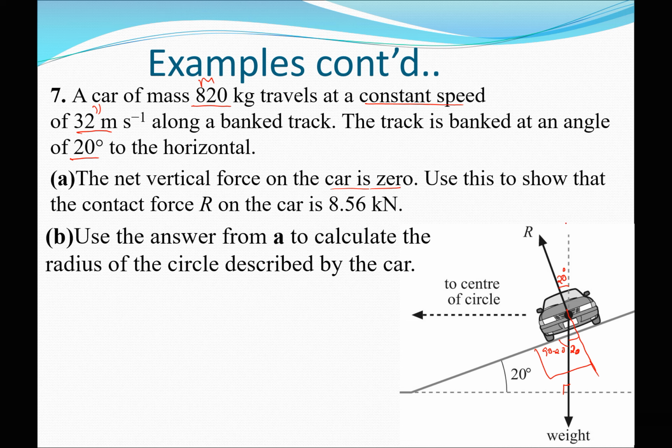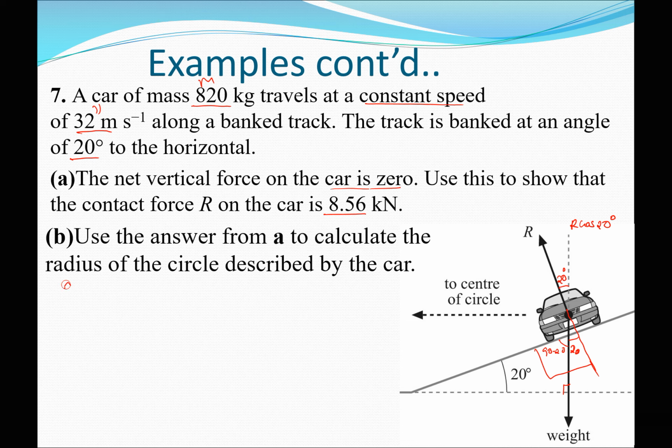So if I resolve R to the vertical, it is going to be R cos of 20 degrees, and it should be equal to the weight downwards because they said the net vertical force on the car is 0. Use this to show that the contact force R on the car is 8.56 kilonewtons.